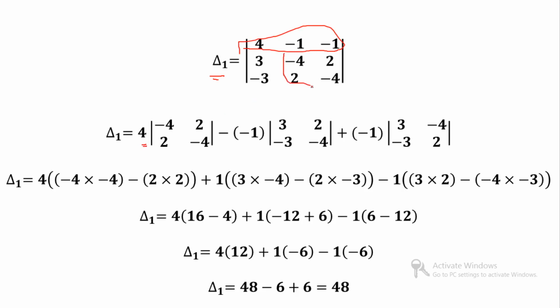Again consider this 2 by 2 determinant with multiplication of 4. Again formula sign minus over here, and this minus 1. Again we will cancel out the coefficient's row and column. So the remaining matrix is 3, 2, minus 3 and minus 4. So this is the 3, 2, minus 3, minus 4, plus sign of formula.